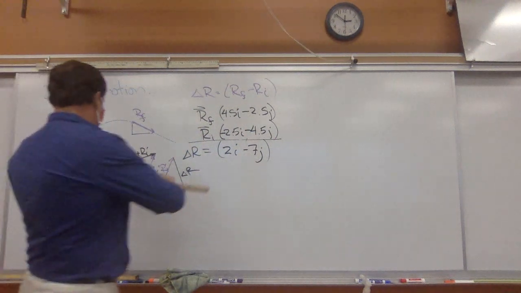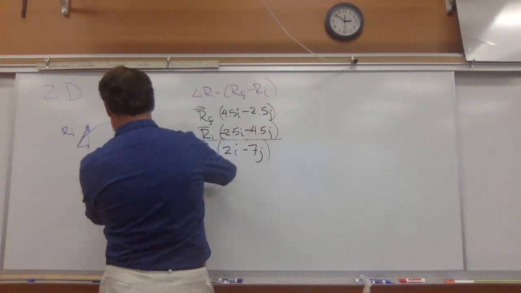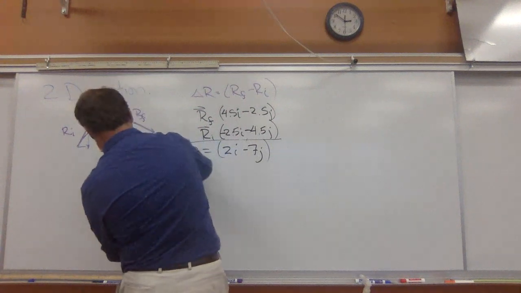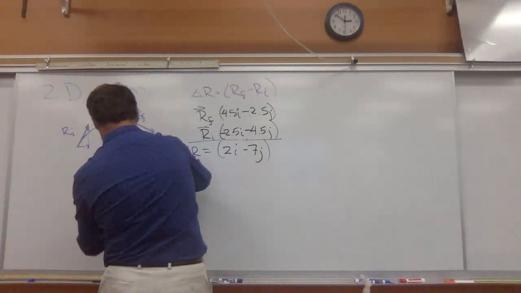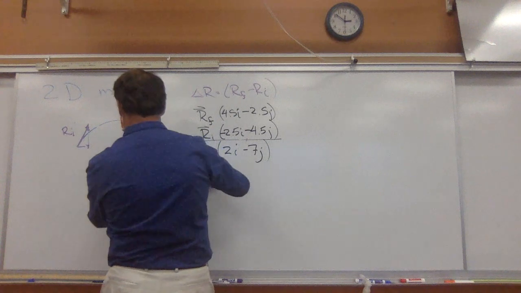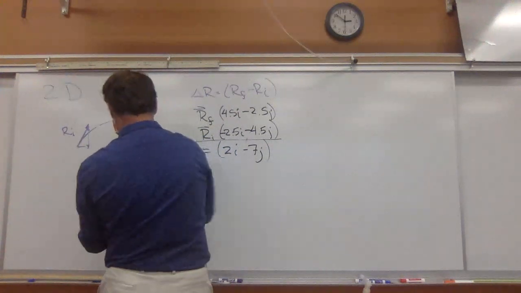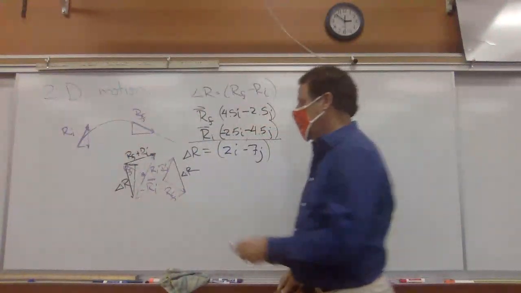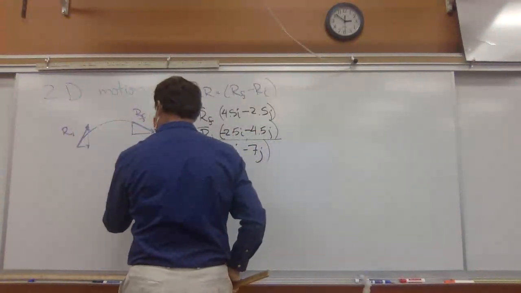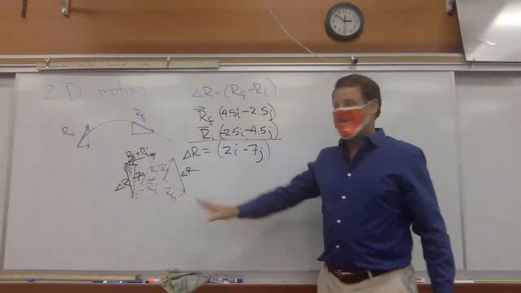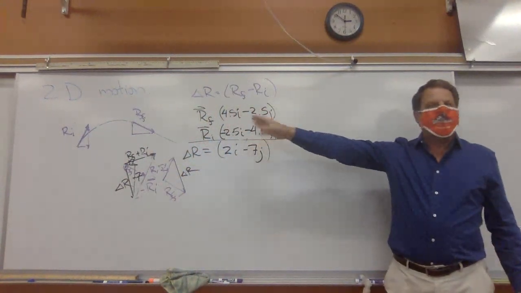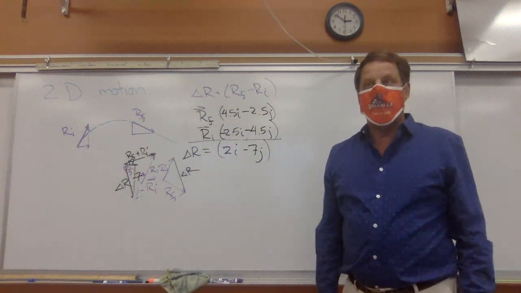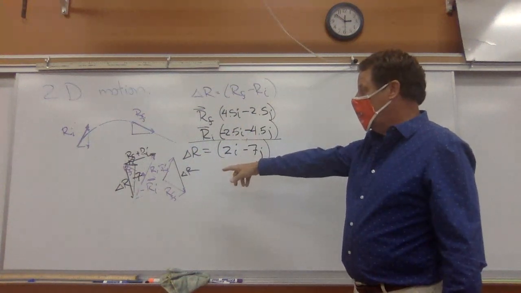Roughly speaking, we get about positive 2 and negative 7. So this was plus 2, minus 7. If I did that more precisely, we would nail it, but that is a pretty good result.